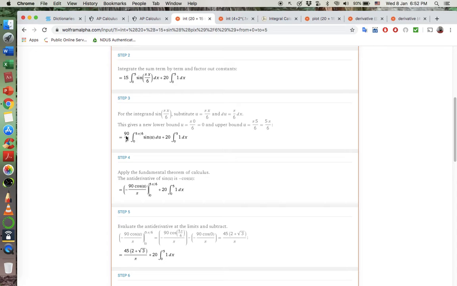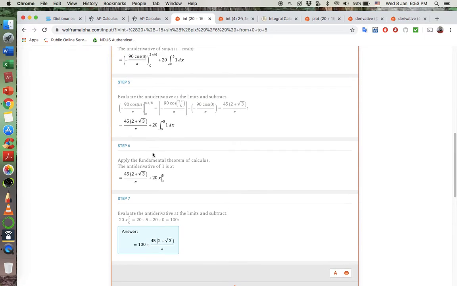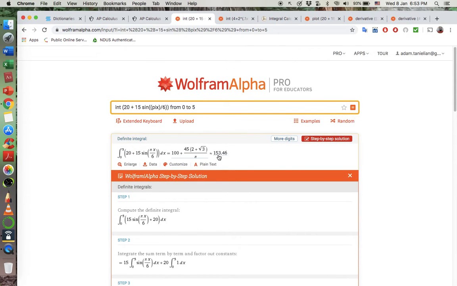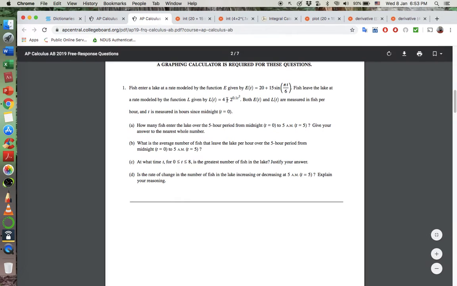Since we've got a constant on the outside, we have to multiply by the reciprocal and go through a bunch of other steps. Again, luckily we have a graphing calculator, or Wolfram in the case of this demonstration. So we've got 153 fish entering the lake between midnight and 5 a.m.